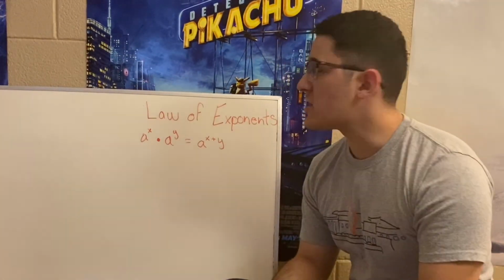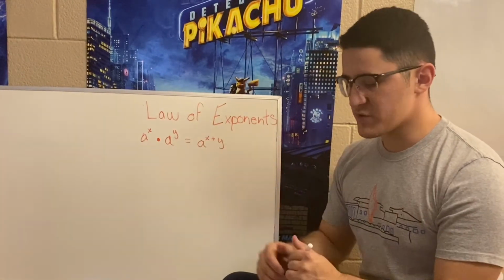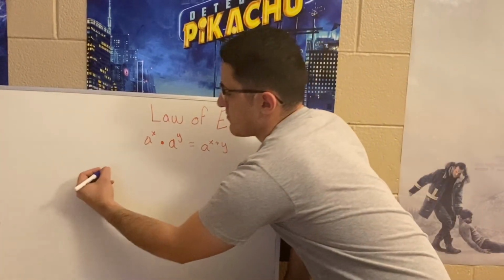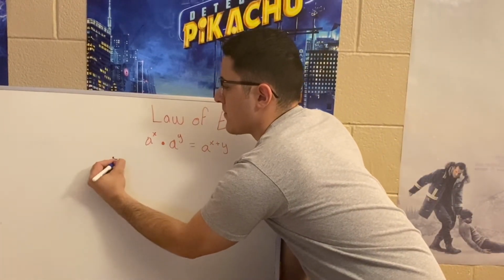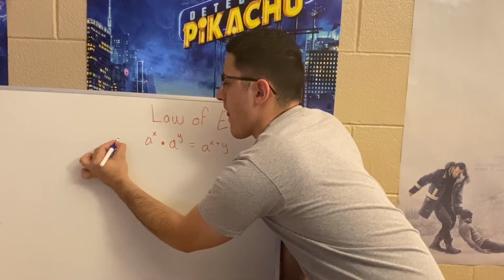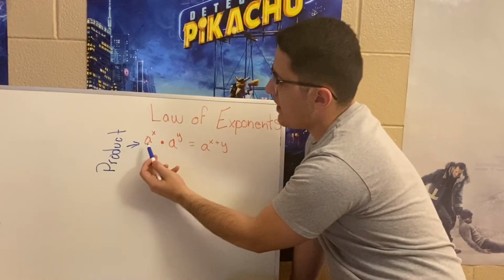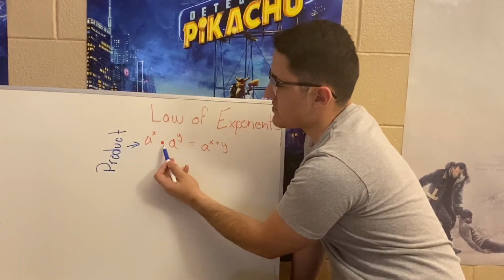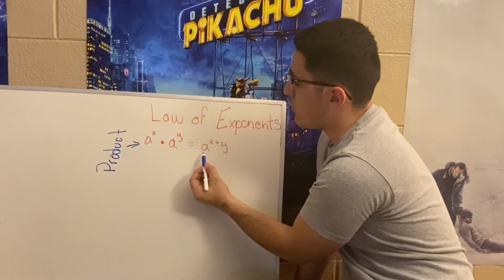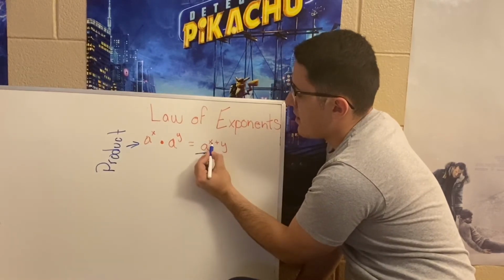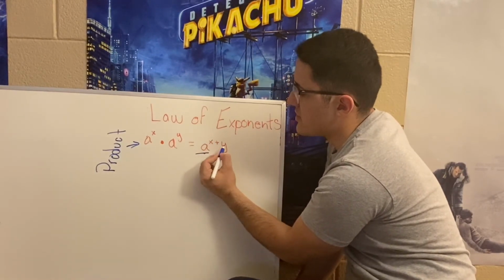The last thing I want to talk about is the law of exponents, most specifically the product rule. Which is this, which is a to the power of x times a to the power of y equals a to the power of x plus y.